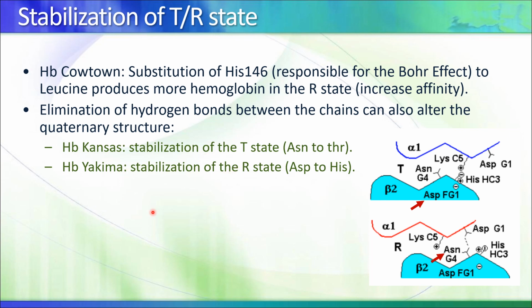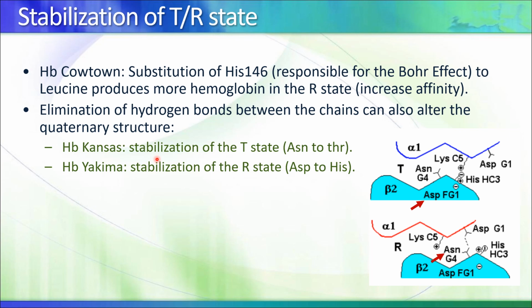That's a condition known as HB Kansas, where asparagine changes to threonine. So rather than having this interaction that stabilizes the R state, now this asparagine is gone, so there's no more interaction, and what you have here is stabilization of the T state.